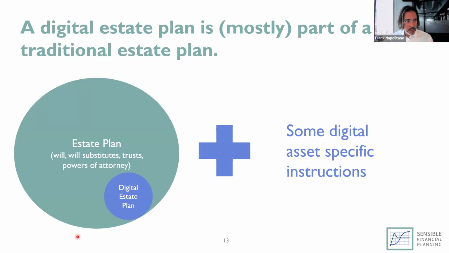So if the overall estate plan includes these traditional estate planning documents like will substitutes, by this I mean beneficiary designations or titling on accounts. Perhaps it includes trusts, powers of attorney. Your digital estate plan will fall mostly within your traditional estate plan, with some additions.